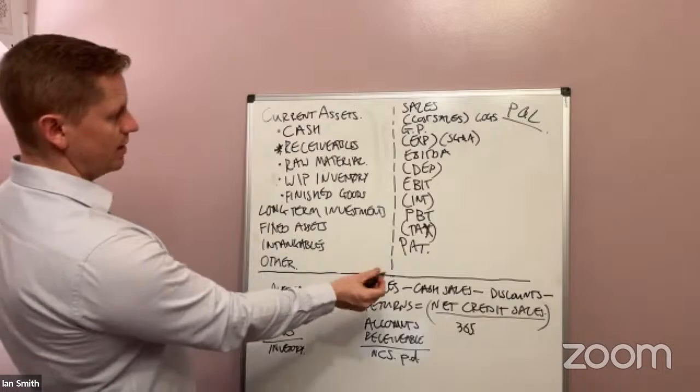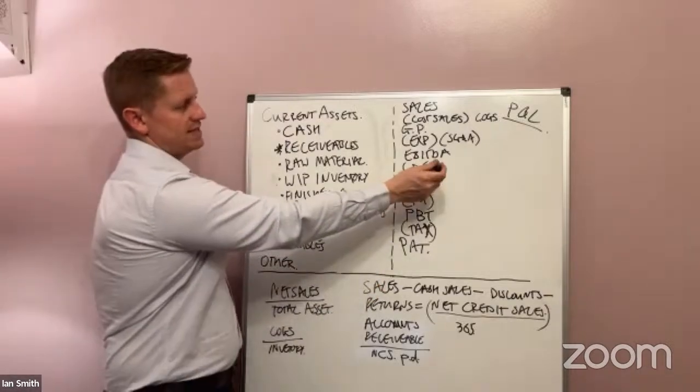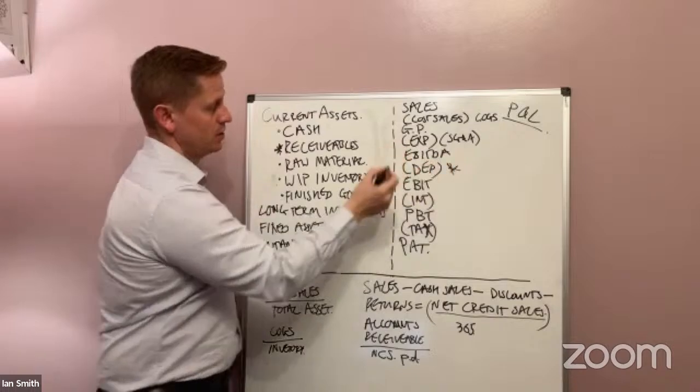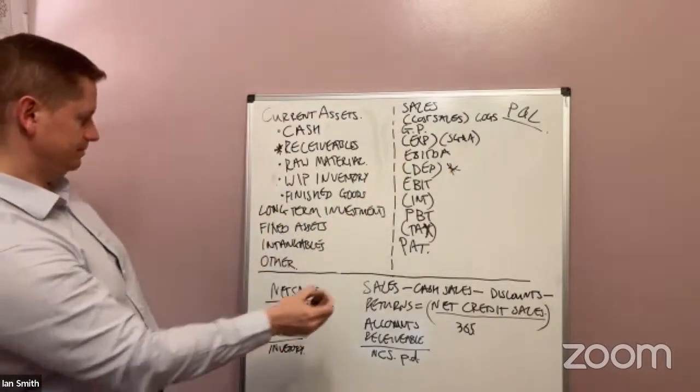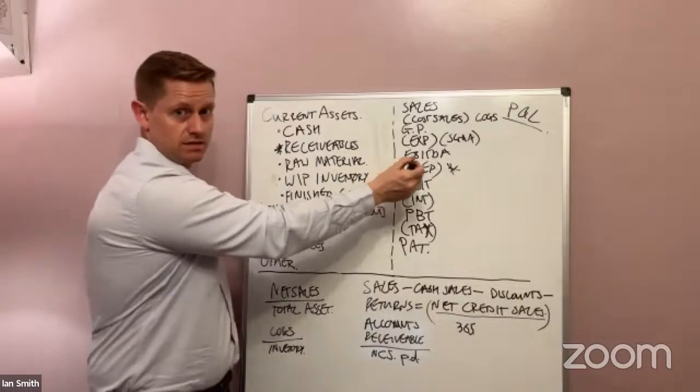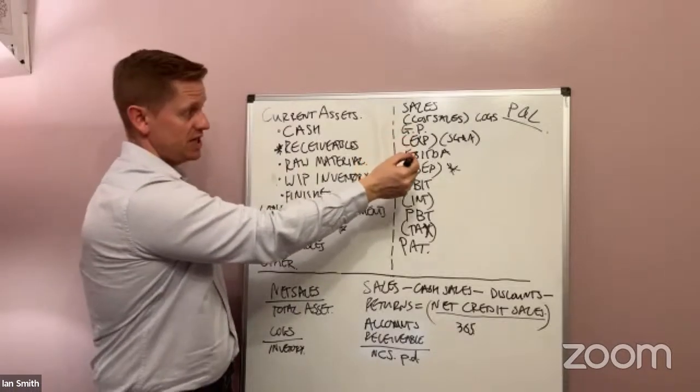So that takes into account net sales, but don't forget in the P&L you have depreciation. So you need to take fixed assets minus accumulated depreciation.